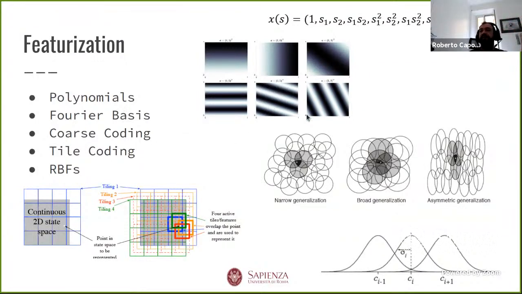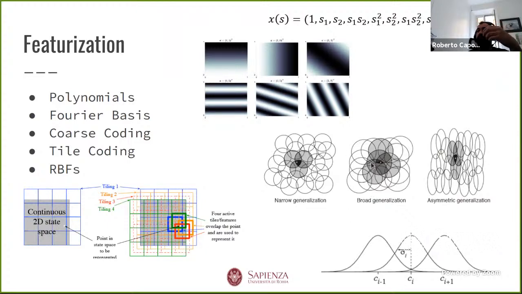Fourier basis, coarse coding, where basically you have these circles that are built on top of your states, and then you're creating a set of booleans, 1s and 0s, whether your state falls in one of these circles. And depending on how close and on the shape of your circles, you can allow generalization between states, because you see, basically in this state, you have 3 circles that are at 1 and all the other ones are at 0.